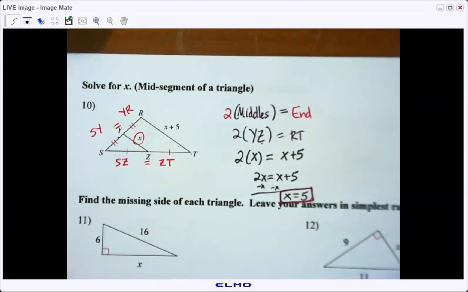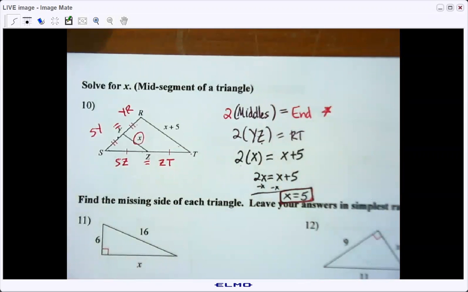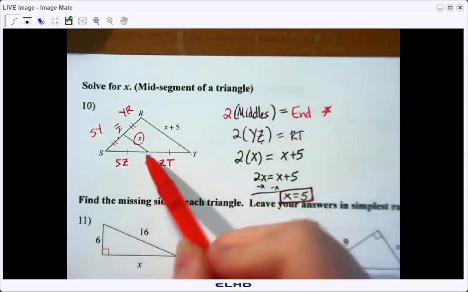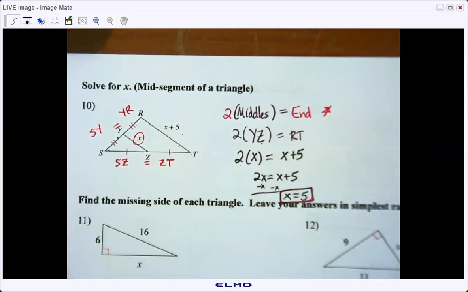The formula is the top one. Okay, I got that down. So whatever the middle is, the mid segment, it takes two of those to equal the end. Just like two of my little fun size candy bars to equal a regular size candy bar. That's what that is. Okay, better? Yeah, I got it. Any other questions? I appreciate those.